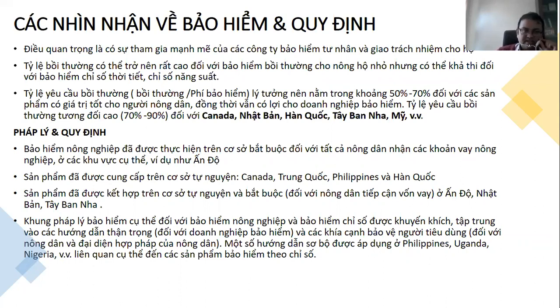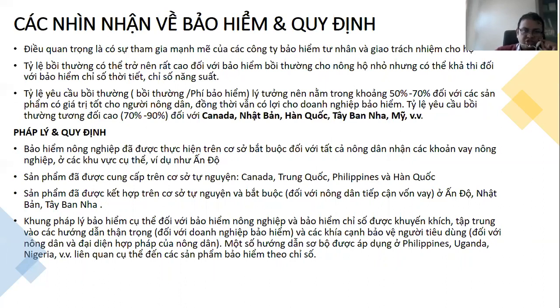But overall, we see that it's really important to engage with private sector insurance companies to bring them on board, just as it's also important to engage with the private sector distribution channels, and of course also the public sector distribution channels and insurance companies. So it's really important for both public and private sector to cooperate for these types of schemes.